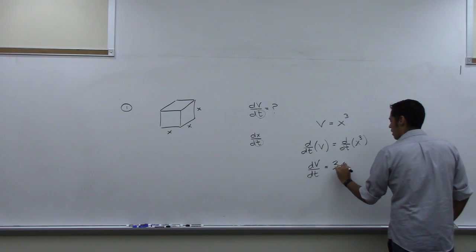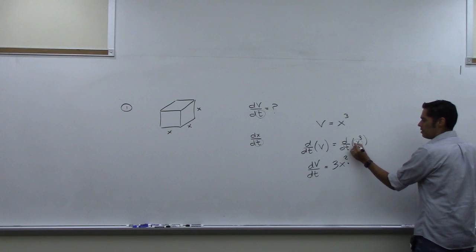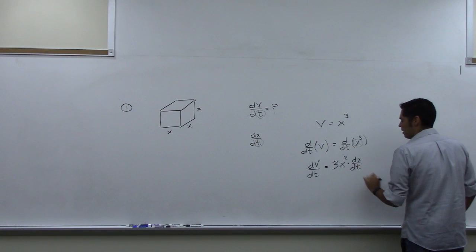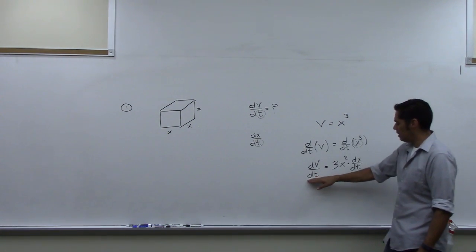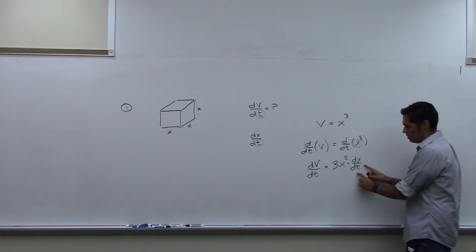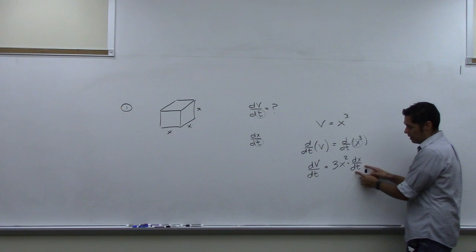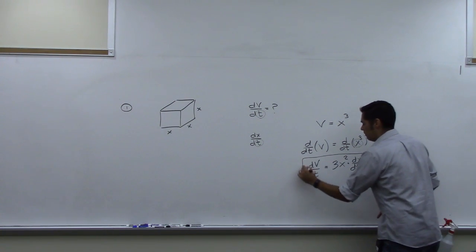So 3x squared, but then times the derivative of what was here with respect to t, which is just dx/dt. And as you can see, I've come up with a relationship where I've expressed dV/dt in terms of dx/dt. I also have it in terms of x, but all that was required is that I get it at least in terms of dx/dt. So I am done.